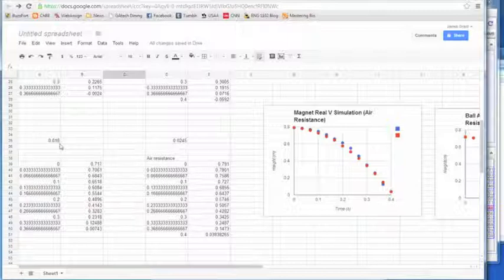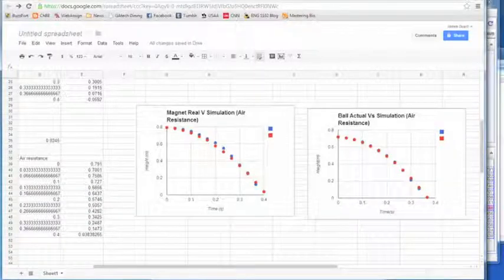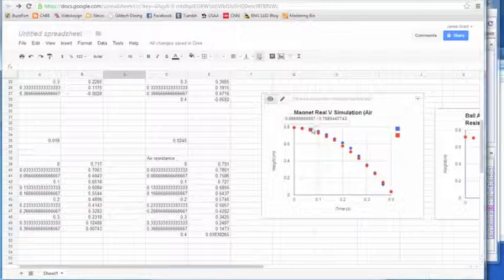So as you can see, the drag coefficient for the magnet is much higher. It's 0.005-ish, 5.6-ish higher, which is pretty significant. Looking at this, the actual magnet one is the blue, and the simulation is the red. The red is this smooth curve, and the blue one, you can see how the position is higher for a while, and then it drops down and then matches the simulation at the end here.